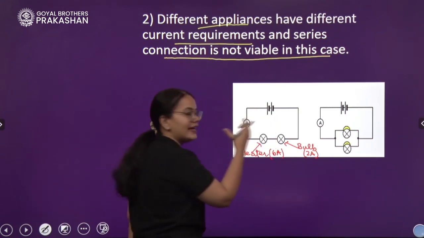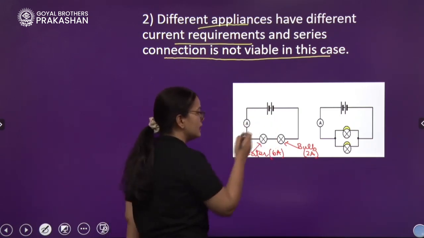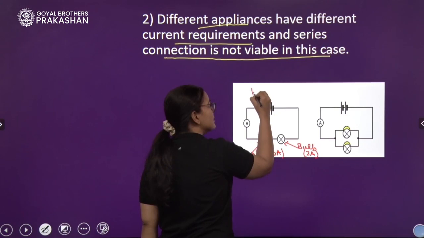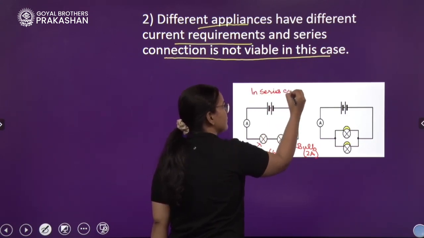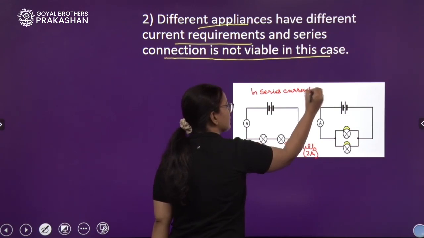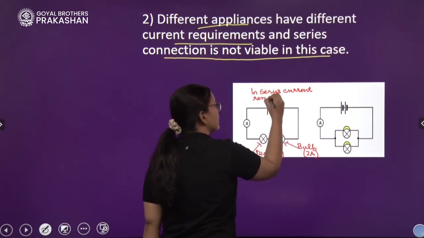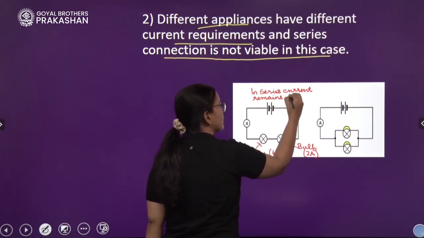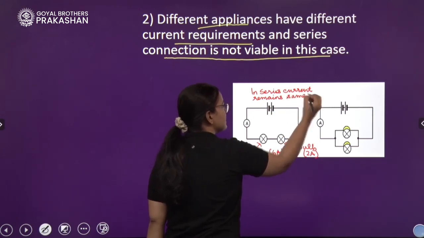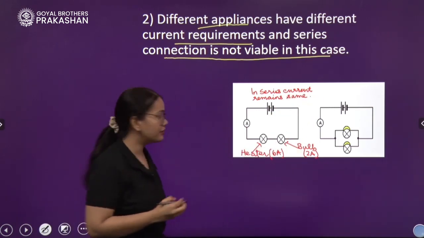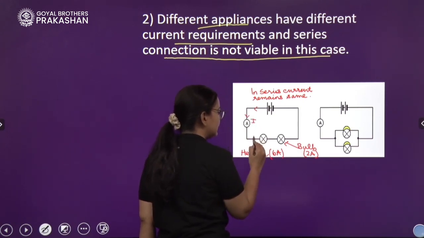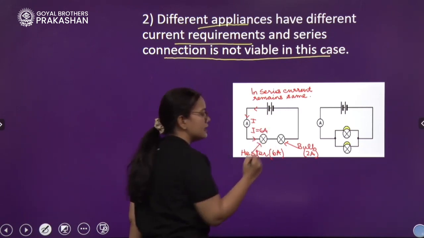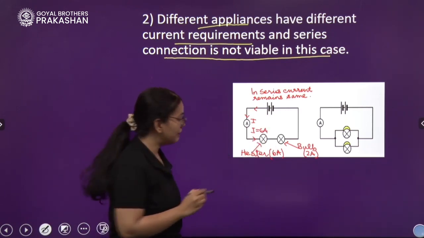This heater will extract a lot of current from the circuit, and in series, just remember this concept, in series, current remains same. So, current will flow. Let's say 6 ampere current is flowing because the heater needs 6 amperes. What will happen?